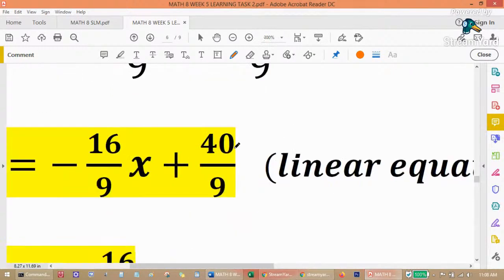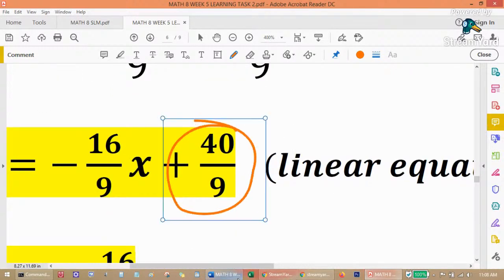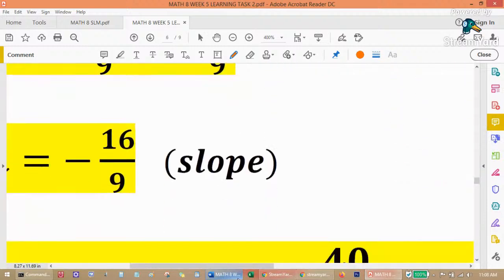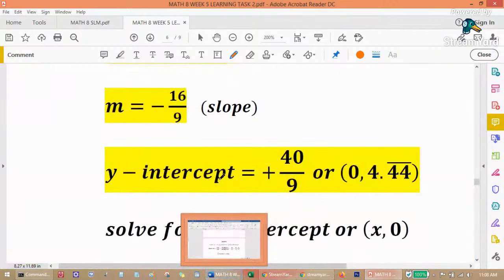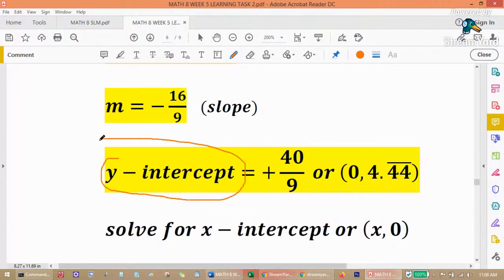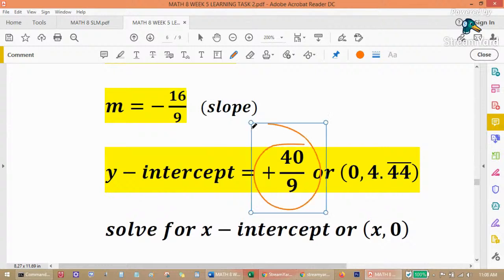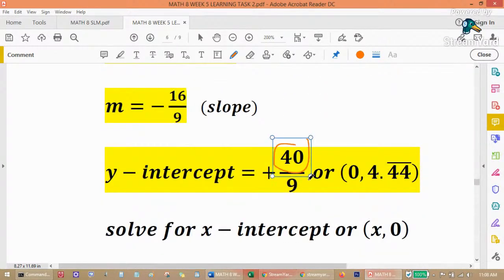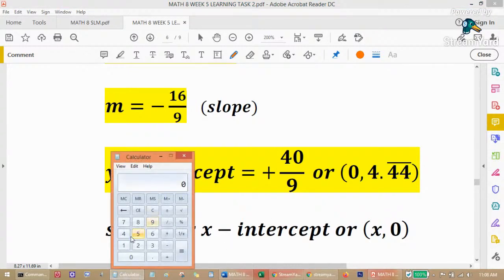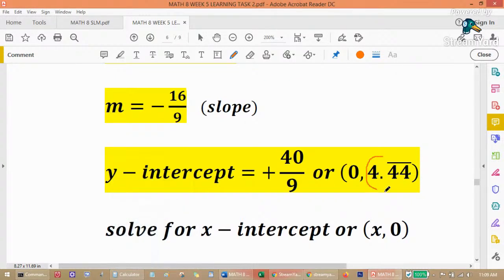And this is the y-intercept. Y-intercept is equals to 40 over 9. Or pag dinivide natin yung 40 over 9, 40 divided by 9 equal to 4.44444.